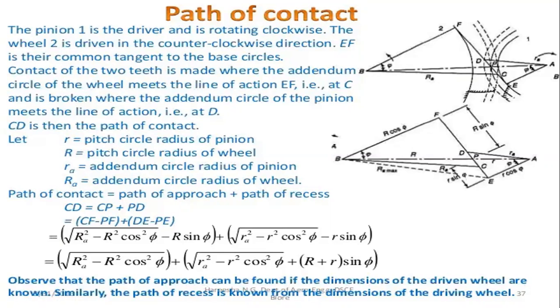Then we take sin phi as the common term, with capital R plus small r on the right side, giving the two root values.